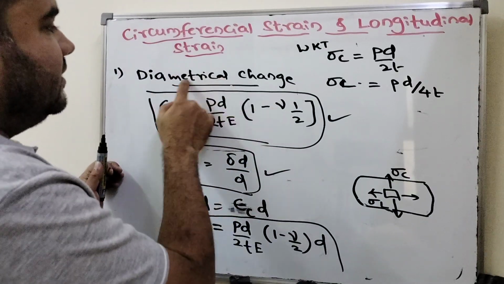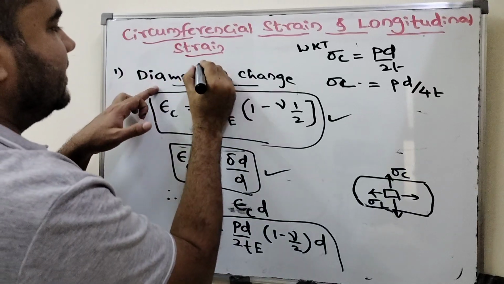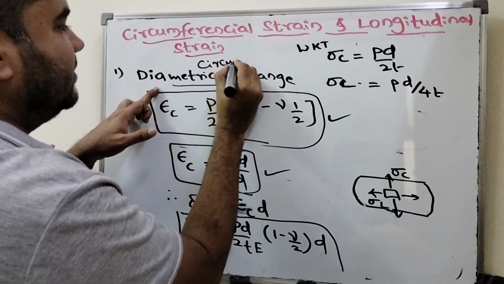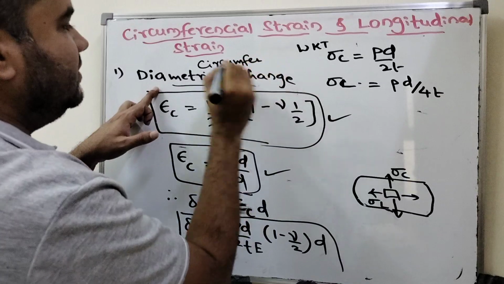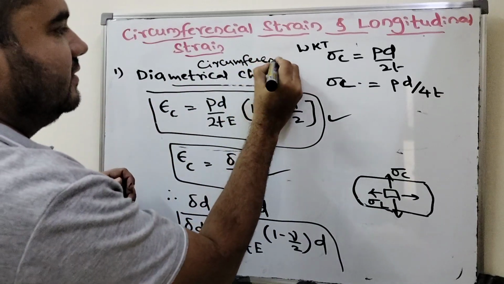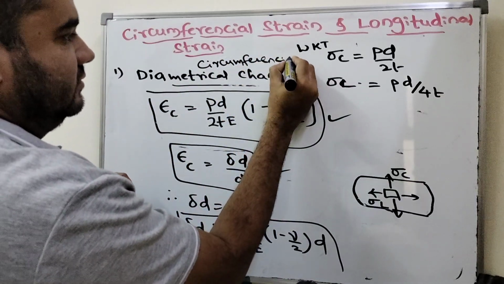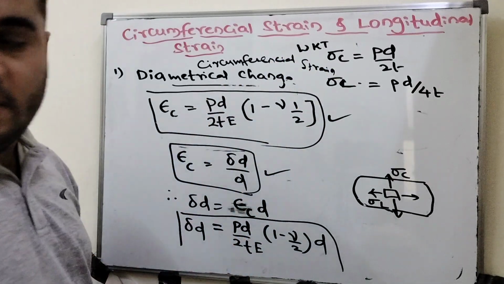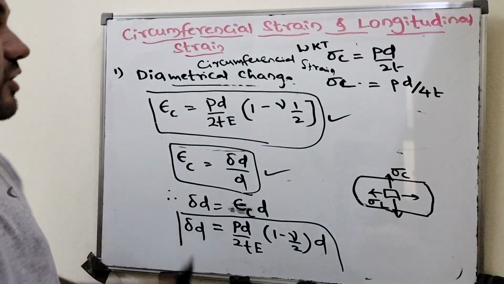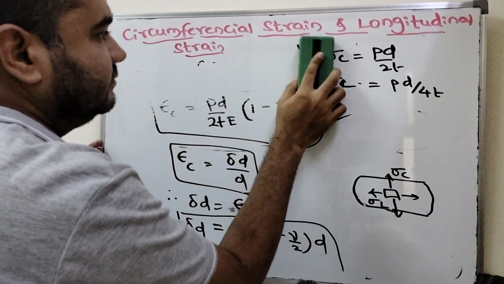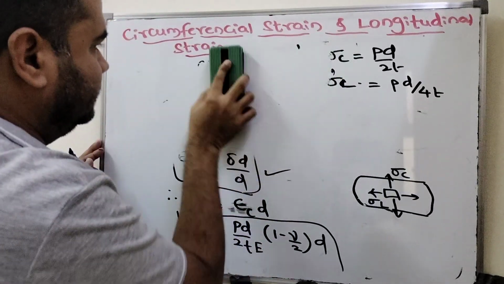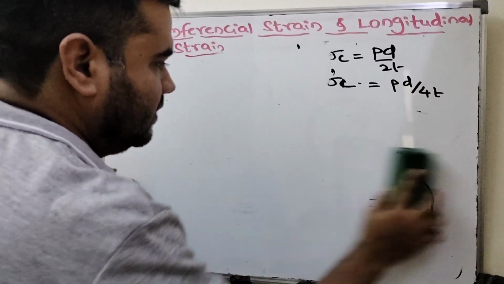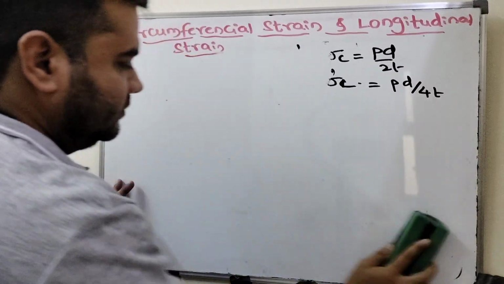Now we will go for the longitudinal strain. This is also called circumferential strain, just remember, circumferential change or diametrical change. Now the longitudinal strain. Again apply Hooke's law.